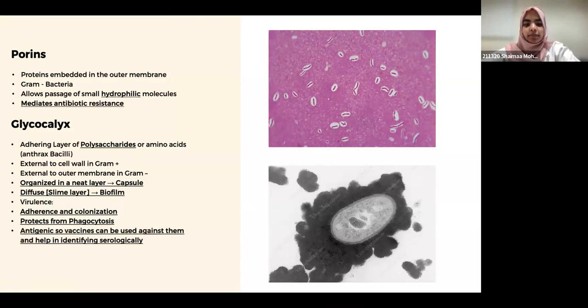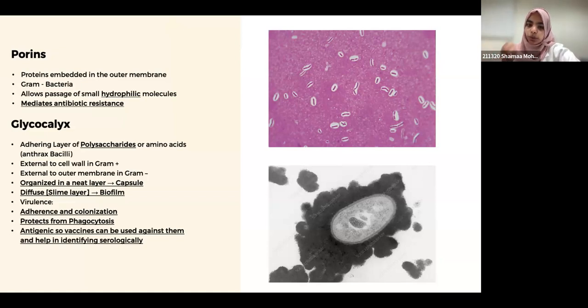Also very important is that the capsule is actually antigenic. What does antigenic mean? Basically, the immune system can recognize it and form antibodies against it. Why is this important? Number one, like we said, we can form antibodies against this antigen and help our system. Another thing is that since it's antigenic, you can identify specific bacteria with it.